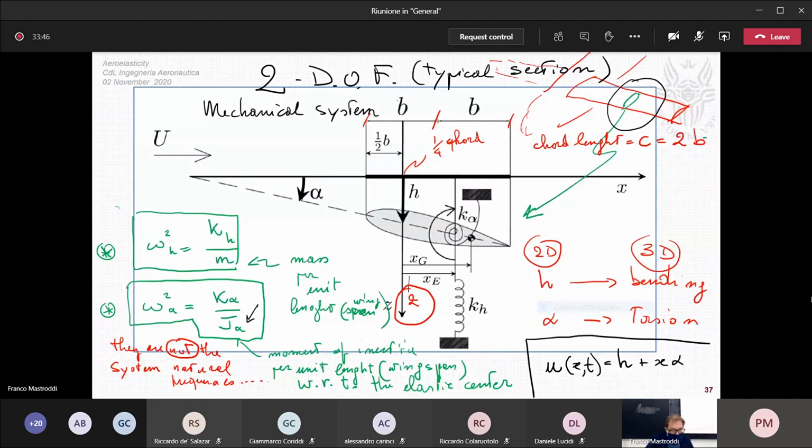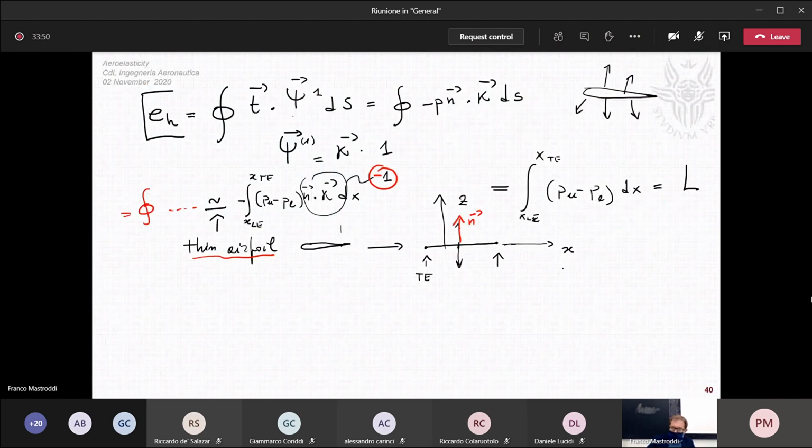This is not properly the lift, but it is minus the lift. Okay? In fact, we have the integral of pressure upper minus pressure lower, not the contrary.